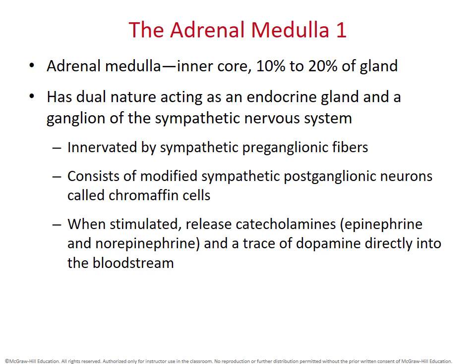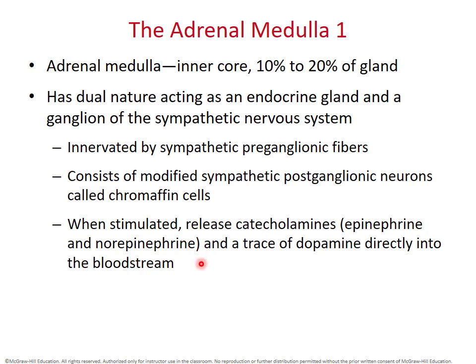And the catecholamine hormones are epinephrine and norepinephrine. The majority of the adrenal medulla secretions is epinephrine, with only a relatively small percentage being norepinephrine. Remember, norepinephrine is the neurotransmitter of the sympathetic nervous system at its target tissues.